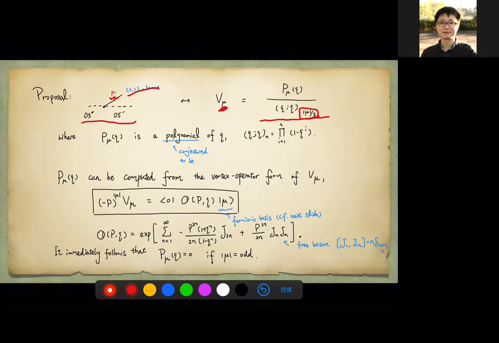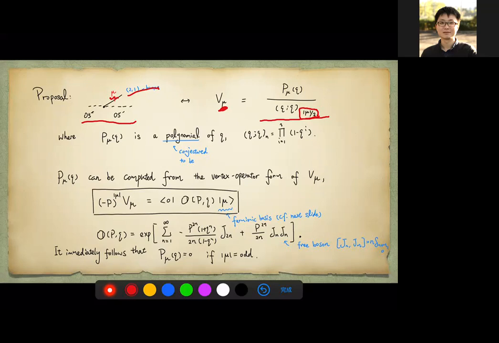And P mu is conjectured to be a polynomial. We computed a lot of concrete cases and found out that it's always a polynomial, but we cannot prove it even from our proposal at the moment.